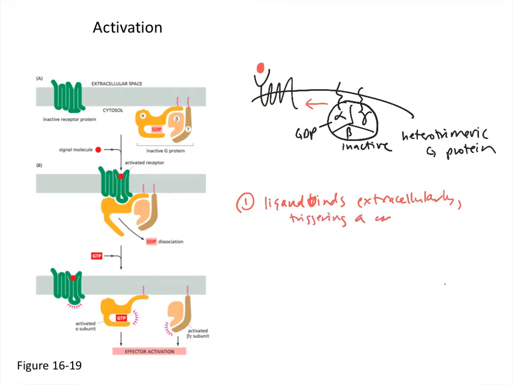Triggering a conformational change in the receptor. The G protein, which is inactive and bound to GDP, can now interact with the receptor.